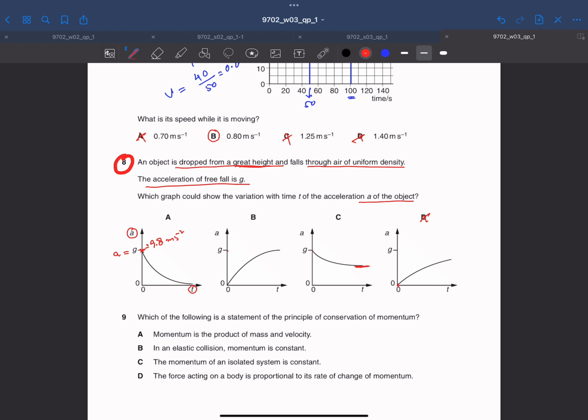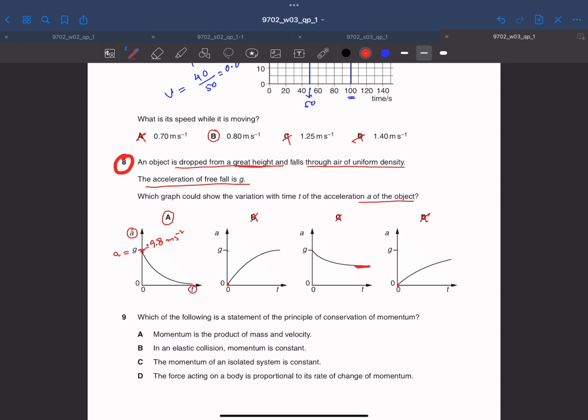If you attain terminal velocity, the acceleration at this time will not be constant. Same is the case for the graph starting from 0. As I said, in case of D you cannot start from 0, so this is also wrong. So the only right answer remaining is A.